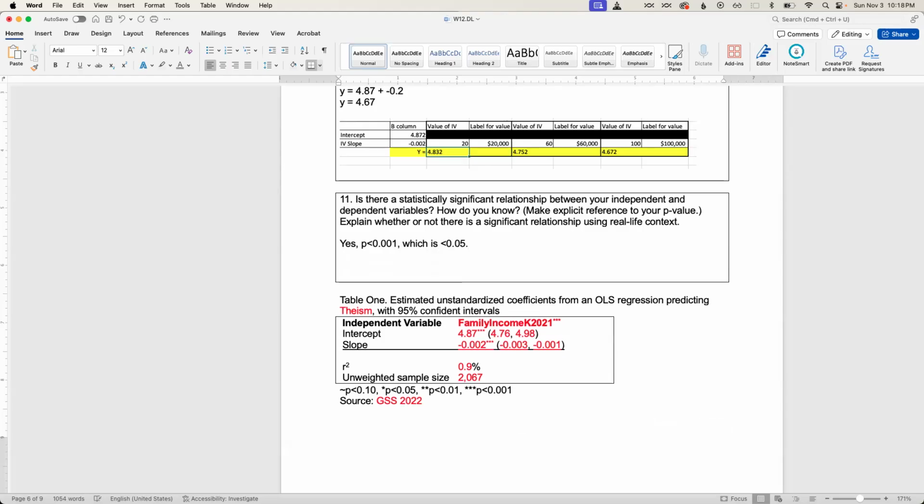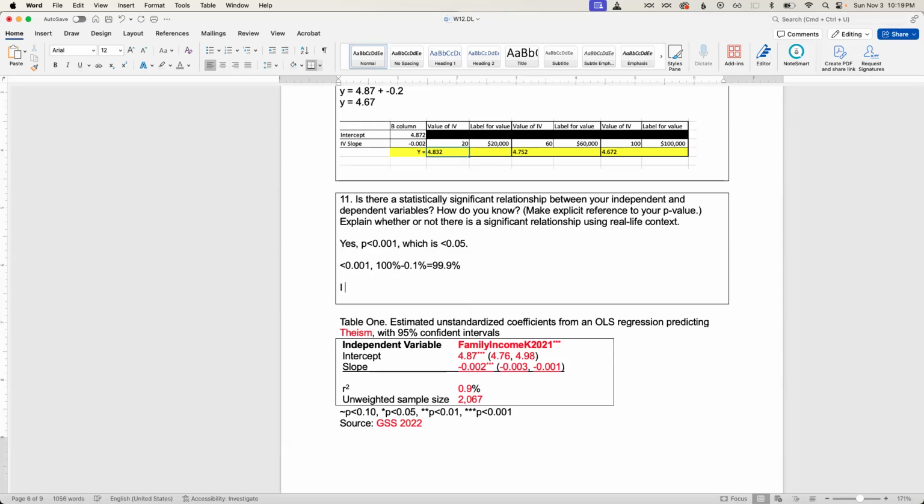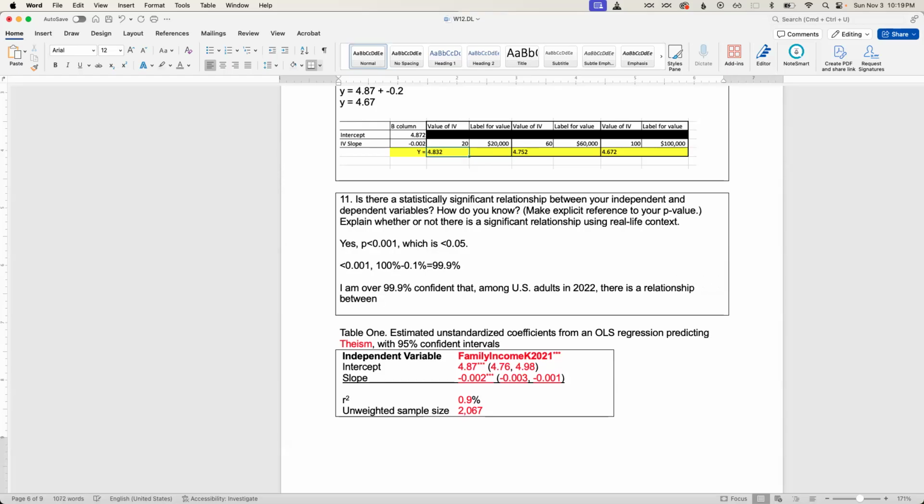And so what does this mean? If it's less than 0.001, that's going to be over 99.9%. So 100% minus 0.1% equals 99.9%. So I'm over 99.9% confident that among US adults in 2022, there is a relationship between family income and theism.